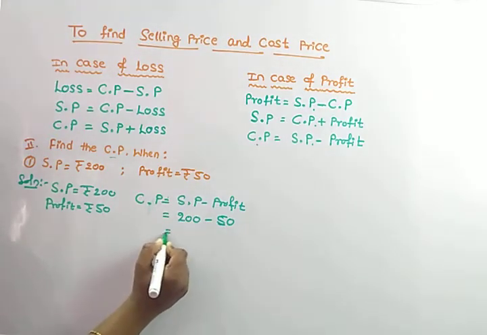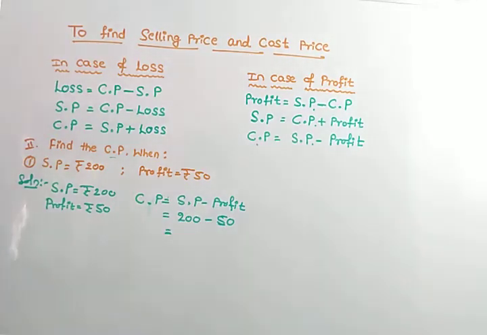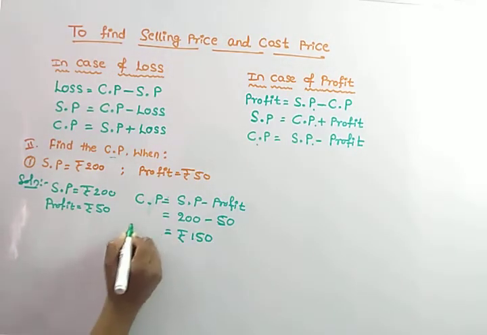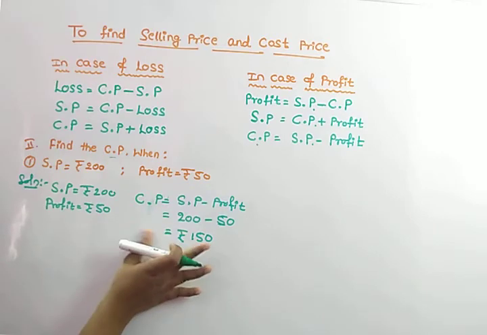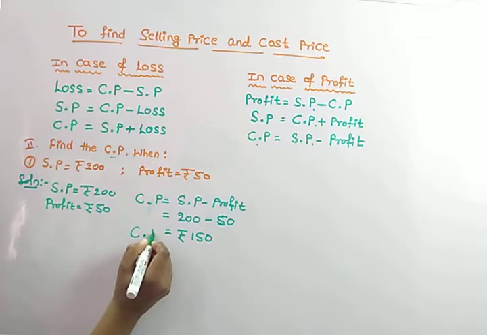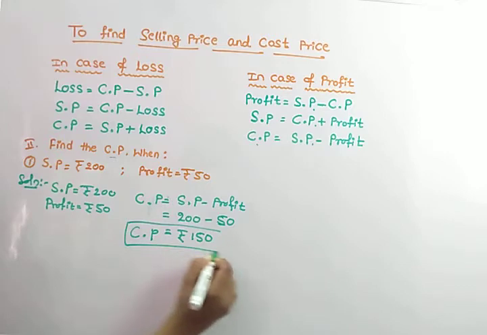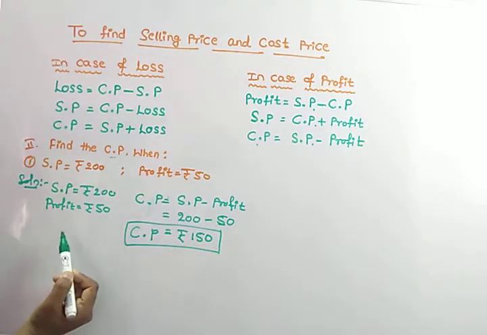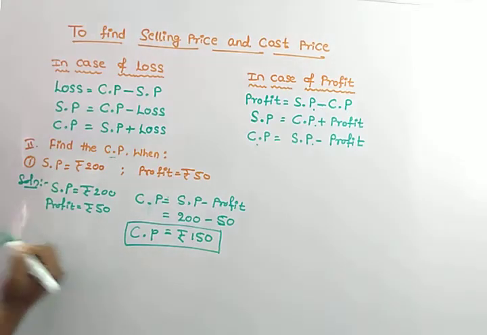We can subtract directly: 200 minus 50 is equal to 150 rupees. So the cost price is 150 rupees and the selling price is 200 rupees, so the profit is 50 rupees. So our answer is correct.